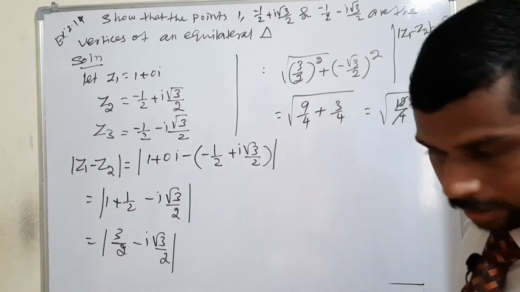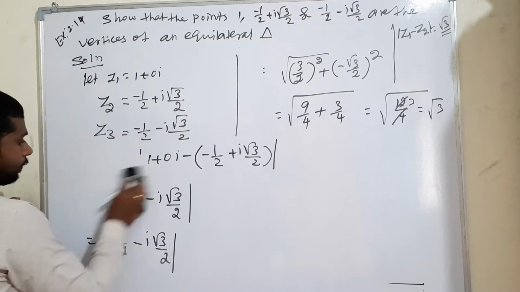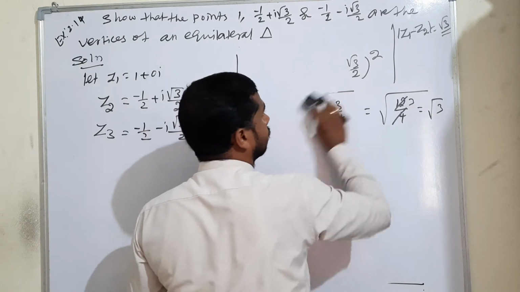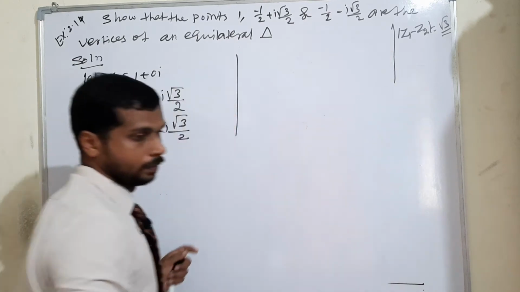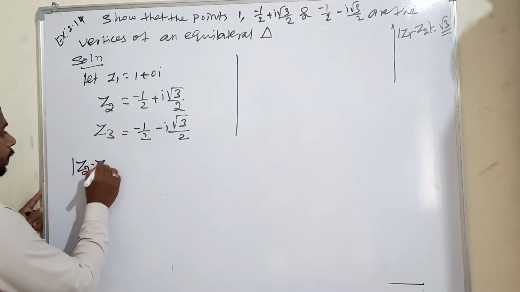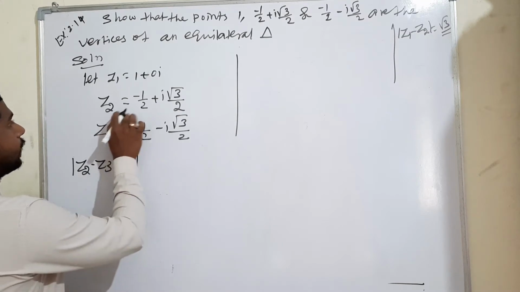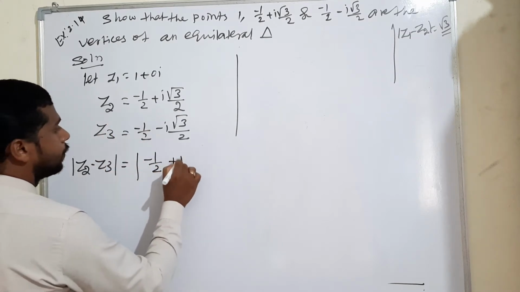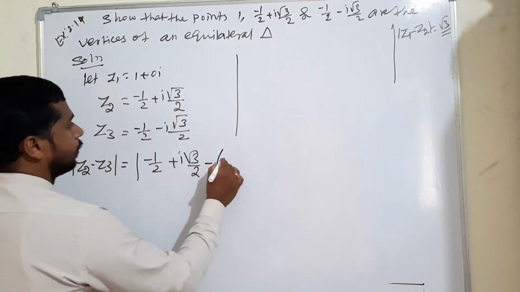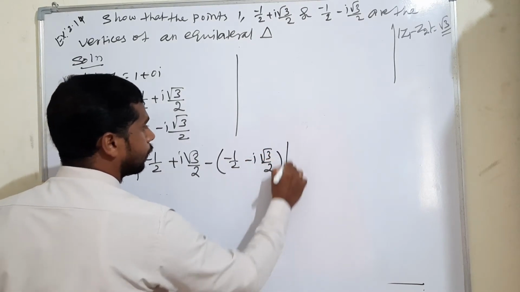First answer. Moving to the second term, Z2 minus Z3. Modulus of Z2 value minus 1 by 2 plus i root 3 by 2 minus of minus 1 by 2 minus i root 3 by 2.